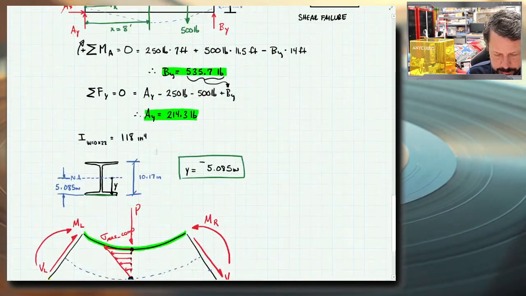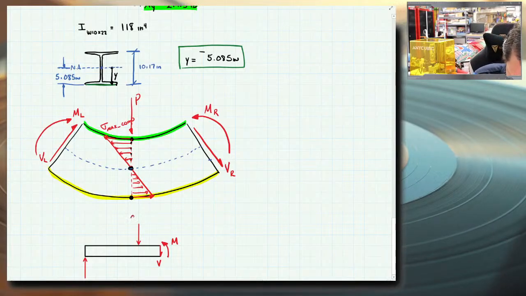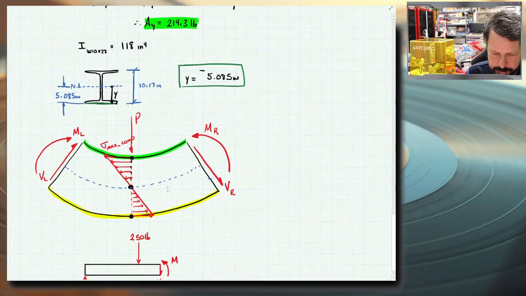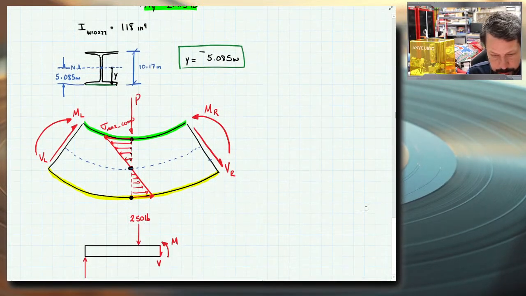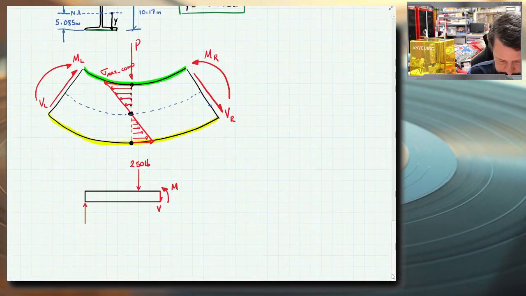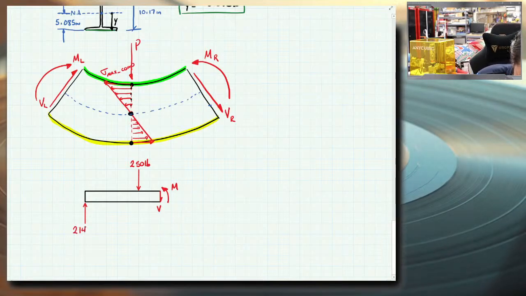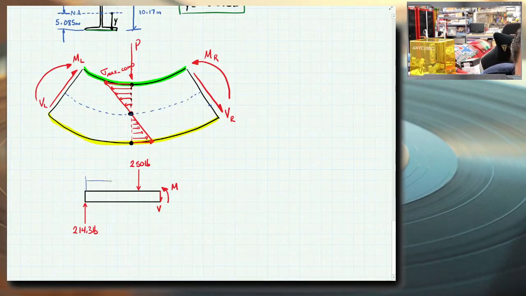Let's see. 250 pounds for the point load. And AY is 214.3. And then we have some dimensions. This was 7 feet to the point load.